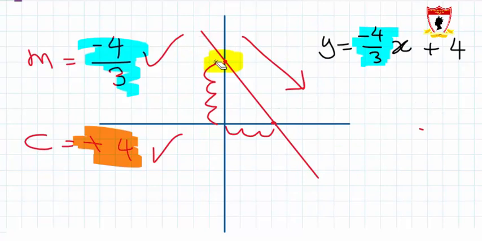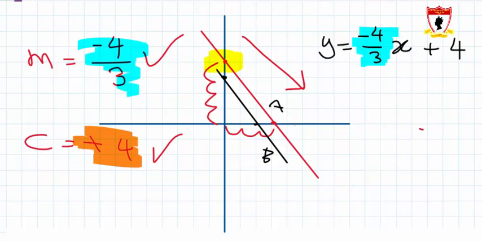It's parallel to this one, and it passes through these 2 points. Let's name this line A, and this is line B. How can we get the equation of line B, which is parallel to line A?